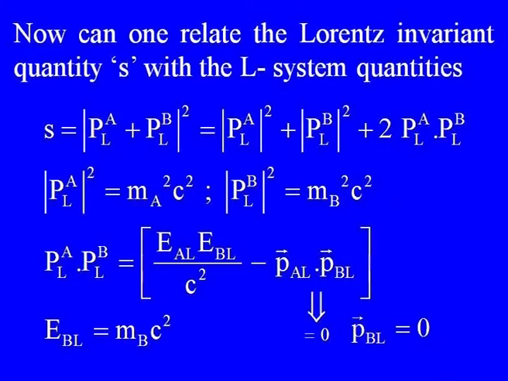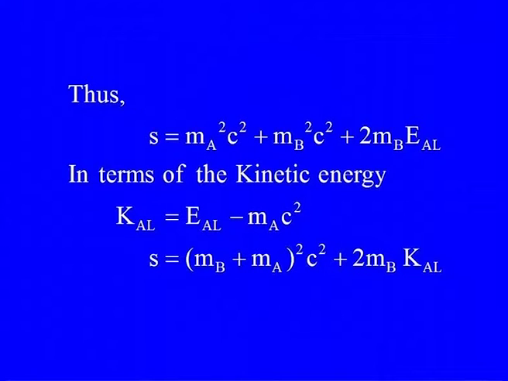So we are not going to have the 3 momentum part in the 4 momentum dot product, and the energy of particle B in the lab system is just the rest mass energy. So we plug all these things into the expression for the invariant S. What we get is a quantity in terms of the masses and the initial energy of particle A in the lab system.